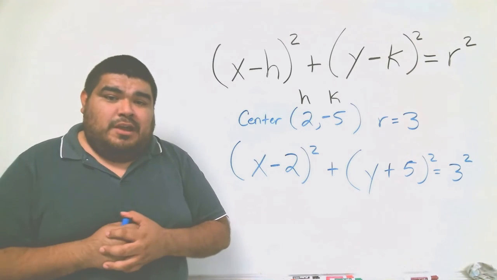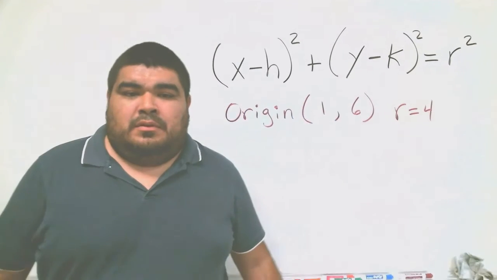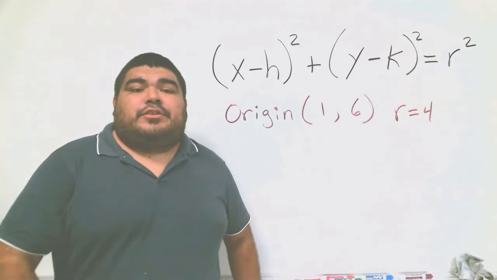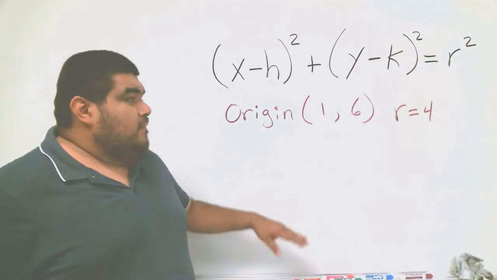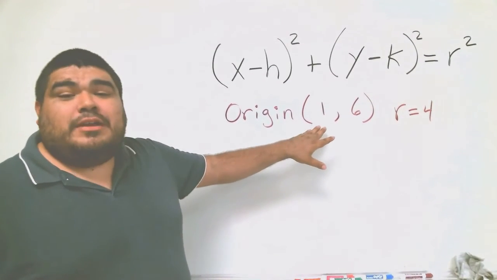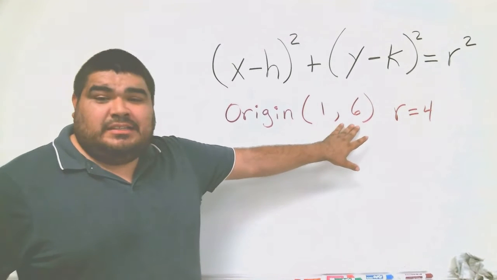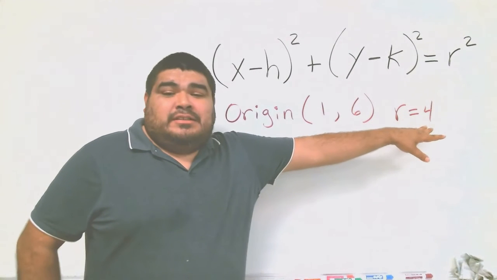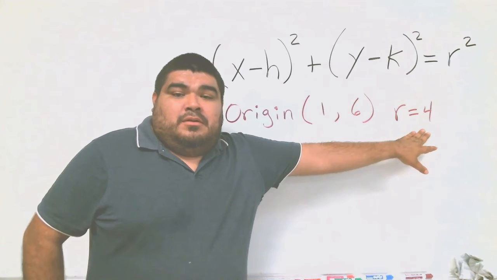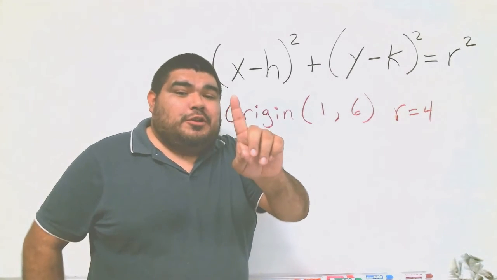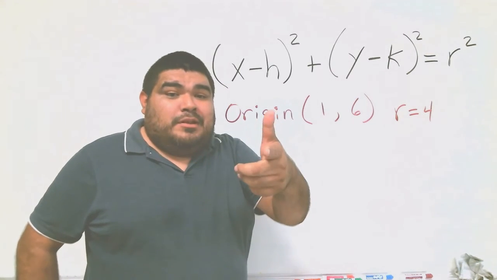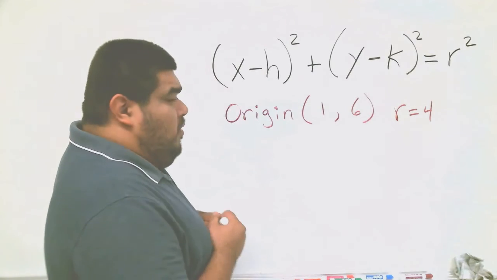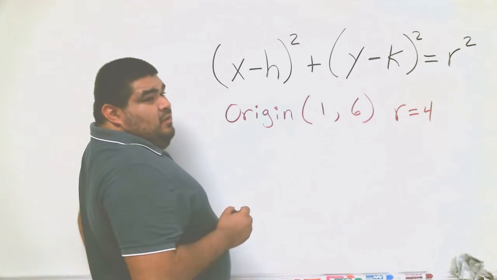Let's do one more together. All right, guys, so here's our second example. We have the origin located at 1, 6, and then the radius is 4. Do you guys remember what the first thing to do is? Label it, right? Makes it a lot easier. So we're going to label the 1 and the 6.